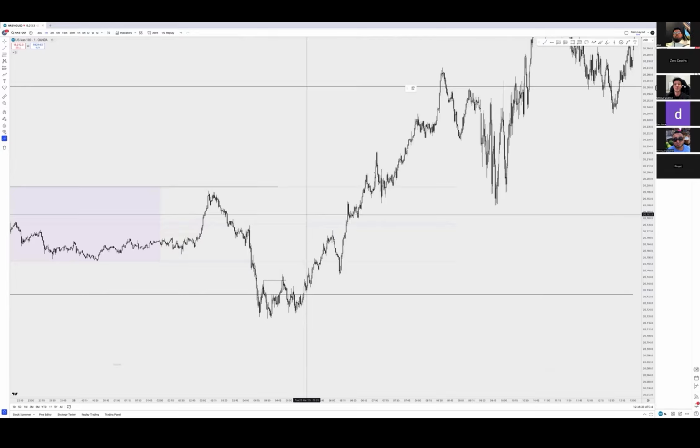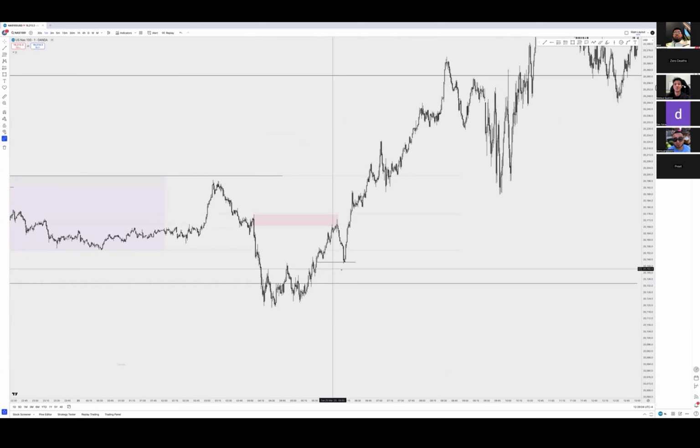It comes into this high right here, and after coming into that high, takes out the lows. But the thing is, I wouldn't be sure which low it needs to take out. I would not be sure at all which low it needs to take out. Maybe this, because that's where it got respected. You got a little imbalance below as well.